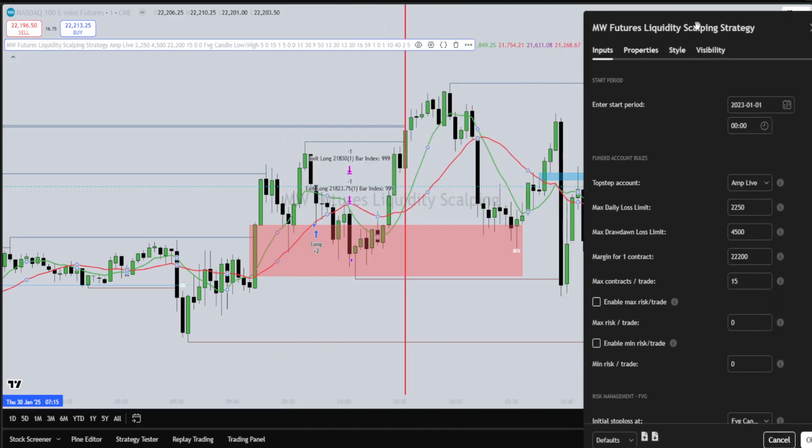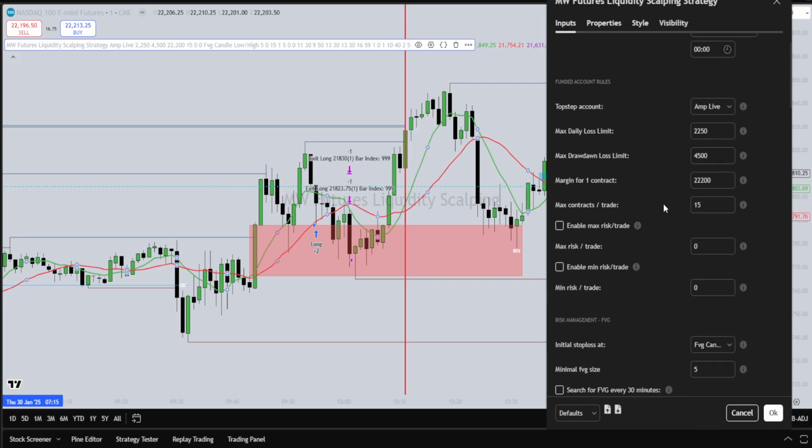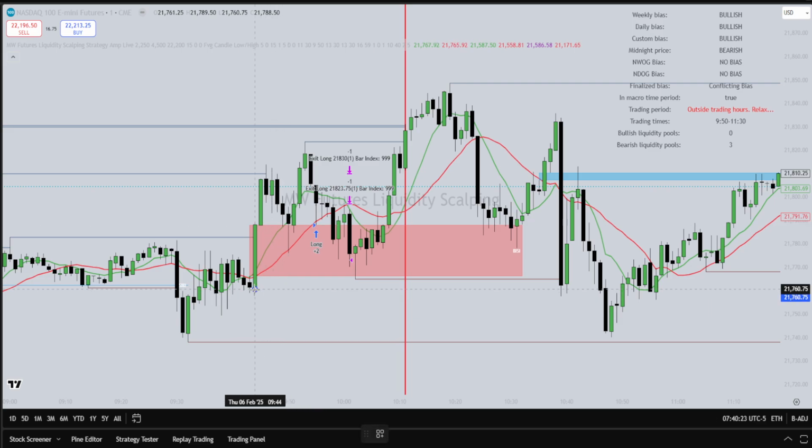Once we go into the settings, we figure out that our current stop loss placement is at the fair value gap candle low or high, meaning our stop loss would be placed here or here, according to our current settings.